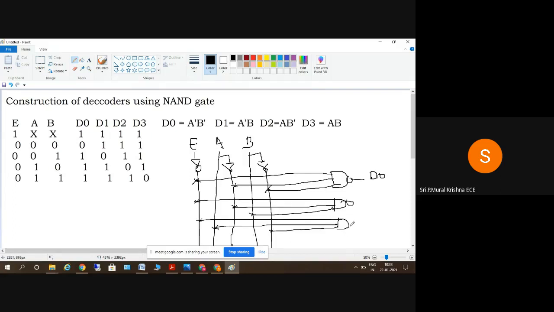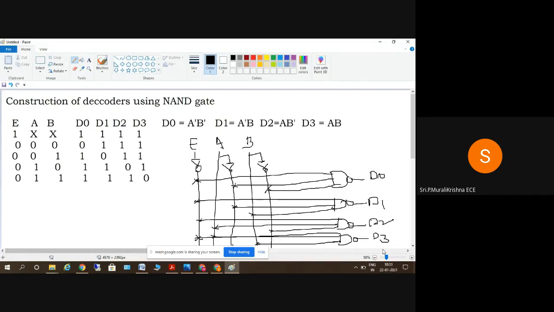And the last one is D3. This is AB, this is B, this is A, and this is enable bar. So this is a 2 to 4 decoder using an enable input and NAND gates.